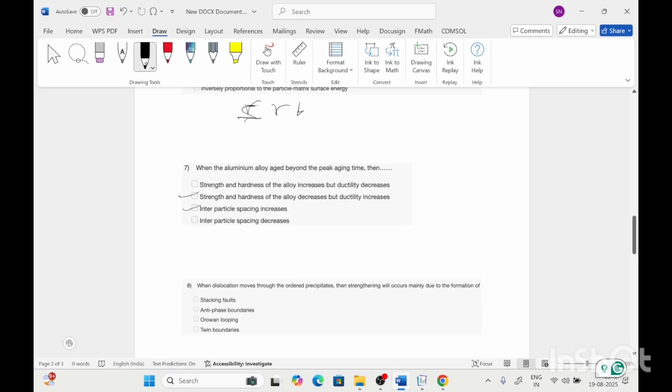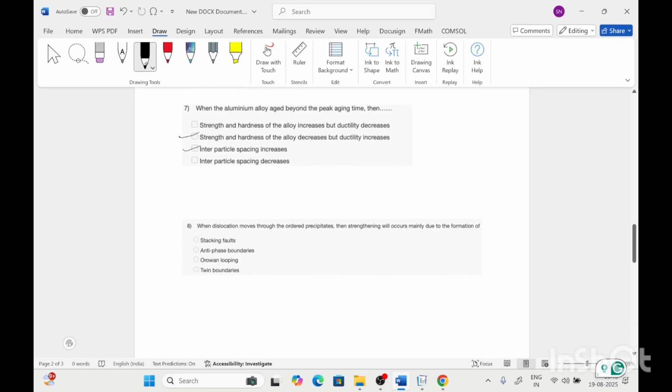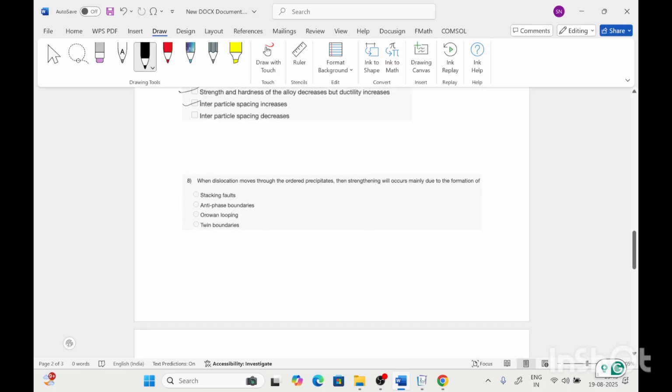If the number of precipitates is higher, then the spacing will be less, and if the precipitates grow, the spacing will increase, because the number of precipitates reduces. Okay. Next question is, when dislocation moves through the ordered precipitate, then strengthening will occur mainly due to the formation of anti-phase boundary. Yes.